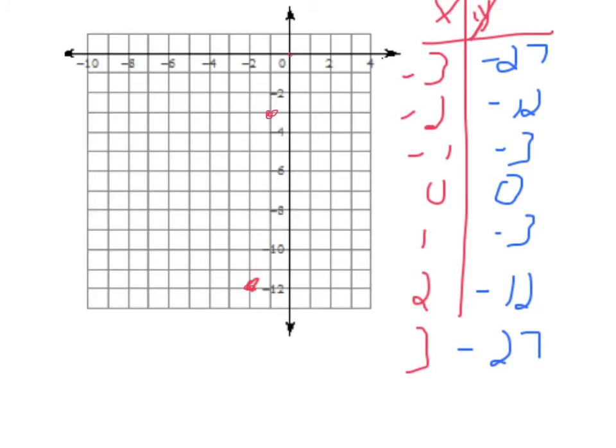We have 0, 0. We have then 1 and negative 3, so it's symmetrical. And 2 gives us negative 12. So here's our parabola. Solutions again are x-intercepts. So again, in this case, our solution is 0.